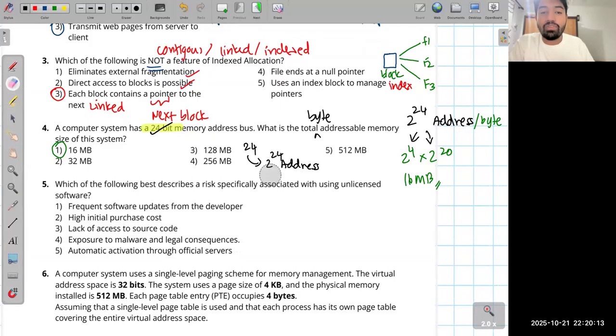So using 24 bits, you can generate 2 to the power 24 addresses. If each address is given a byte, it will need 2 to the power 24 bytes, because one byte per address. So 2 to the power 24 bytes divided by 2 to the power 20 is 2 to the power 4, the MB, which is 16.